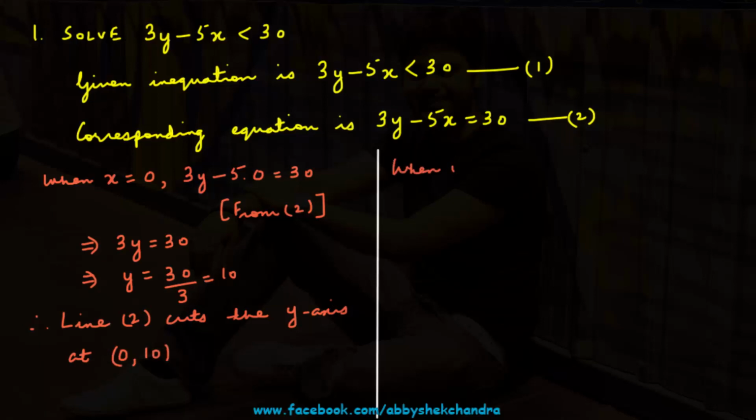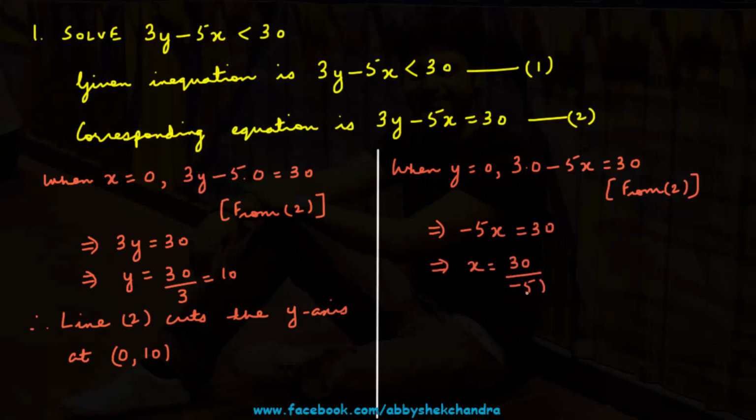When y equal to 0, 3 times 0 minus 5x equal to 30 from equation 2, or minus 5x equal to 30, or x equal to 30 divided by minus 5 equal to minus 6.